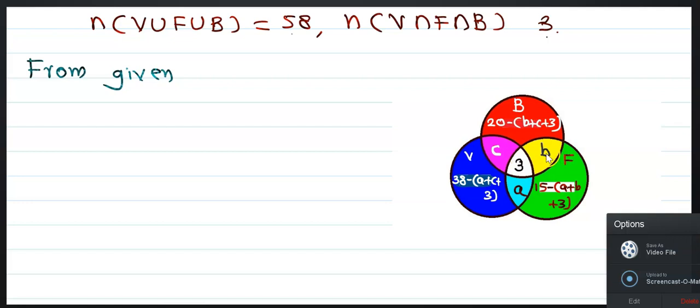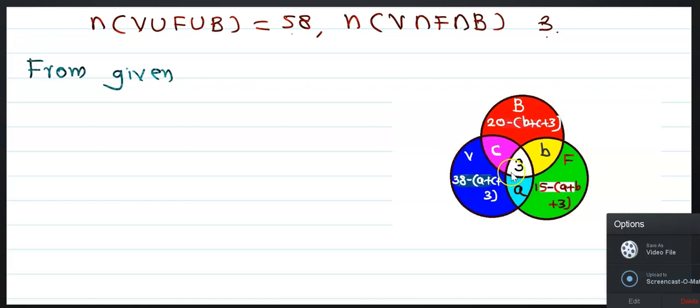The students who got the medal in volleyball and football are A. Students who got the medal in basketball and football are B. Students who got the medal in basketball and volleyball are C.